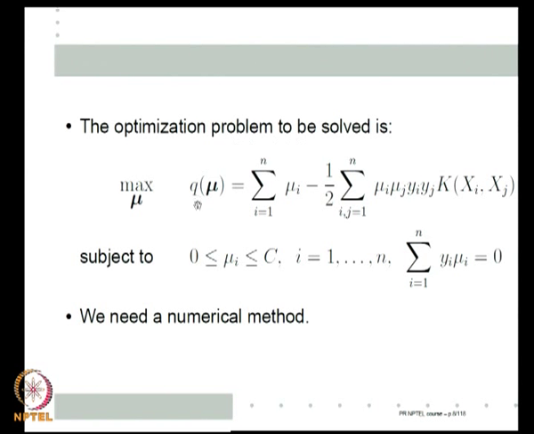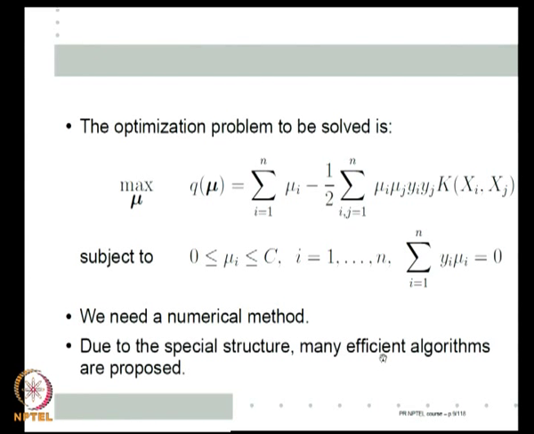But we can certainly do such gradient descent based methods, but this problem has a lot of extra structure, and because of that many more efficient algorithms are proposed. There are essentially only bound constraints on the variables, which are very simple to implement. There is only one equality constraint, and this is a very nice quadratic form. So, there are a lot of interesting things you can do with it.